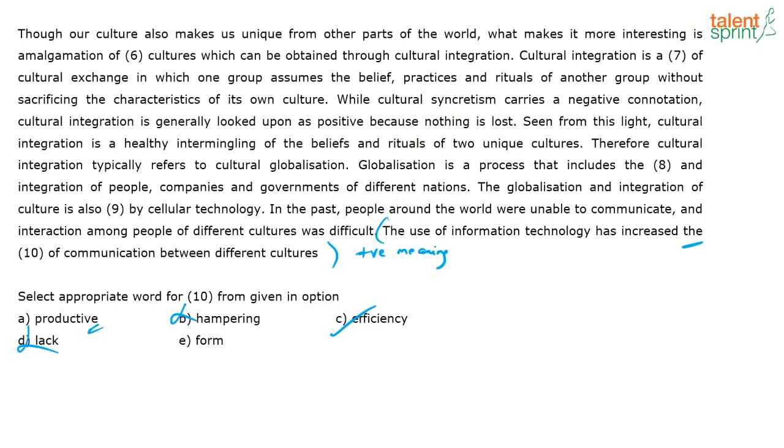It has increased the quality of something, right? It has brought the desired result. That's what people are looking for. Got it? Like I said, lack is a negative word. The context is a positive one. The use of information technology has increased the efficiency, not lack of communication. Hamper, stop, as an obstacle, hindrance.